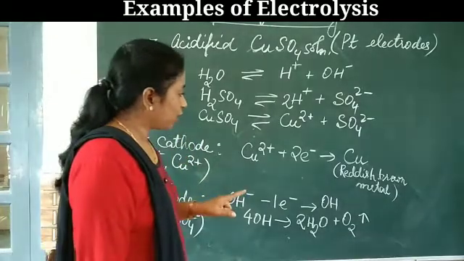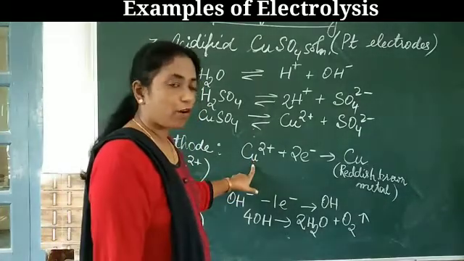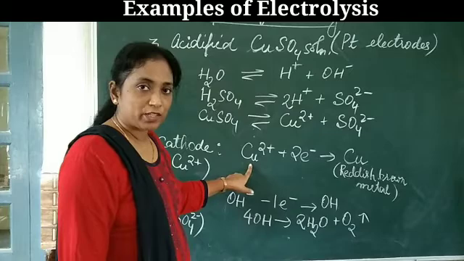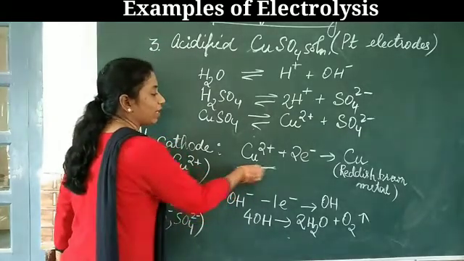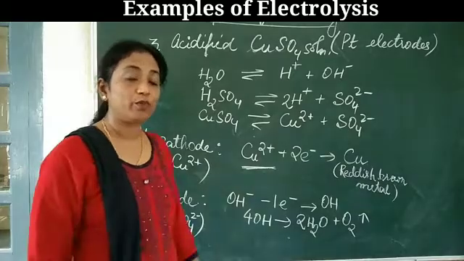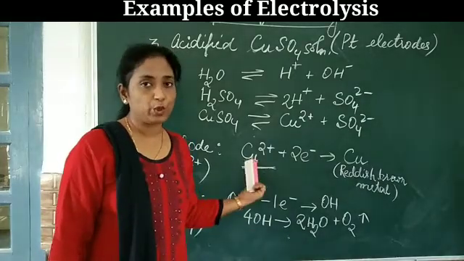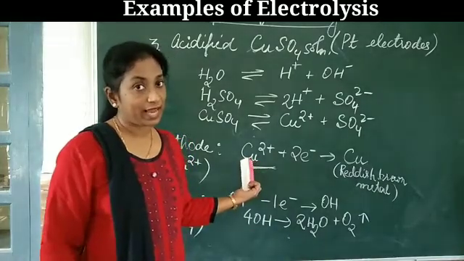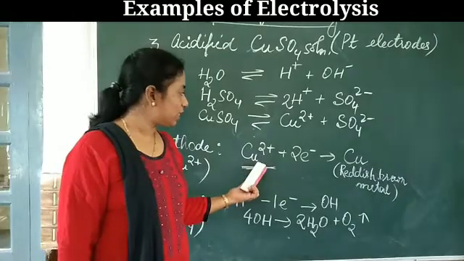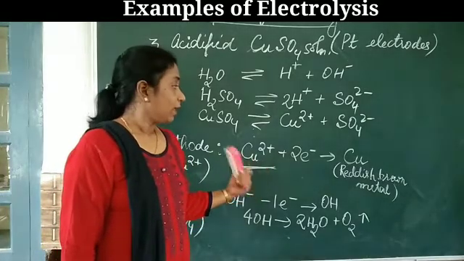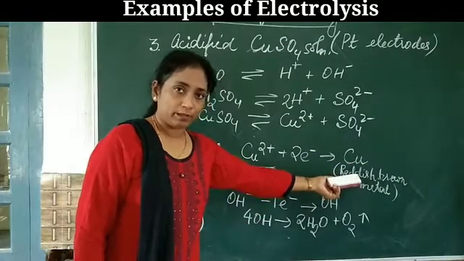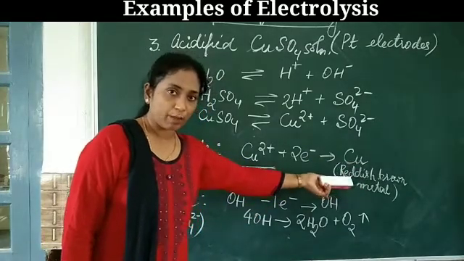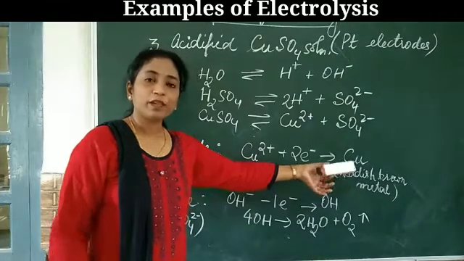The color fades because the blue color of the electrolyte is due to what? Cu2 plus ion. The blue color of the electrolyte is due to which ion? Cu2 plus ion, in the ionic state. So this Cu2 plus ion takes up 2 electrons and becomes metallic copper. That means what is happening?